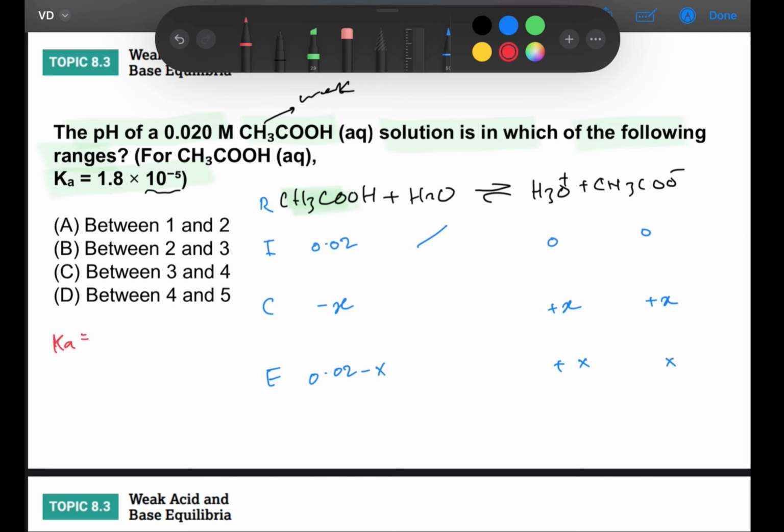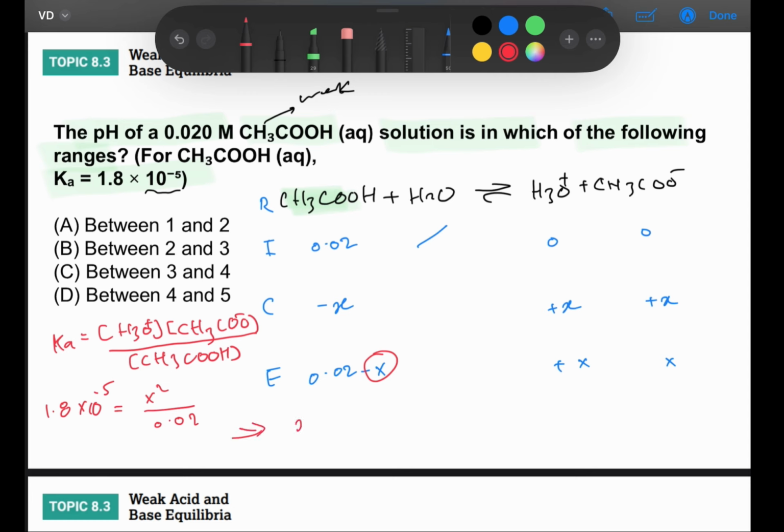Right, the expression of Ka is equal to the concentration of H3O plus multiplied by the concentration of acetate CH3COO negative over the concentration of the acid, which is 1.8 times 10 to the power negative 5. Just put x squared. We neglect this x, so it's going to be 0.02.